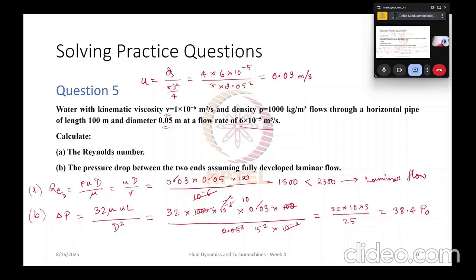That's the pressure drop across the pipe given that there's a fully developed laminar flow flowing through it, also known as Hagen-Poiseuille flow, or the Hagen-Poiseuille solution to flow through a circular pipe.